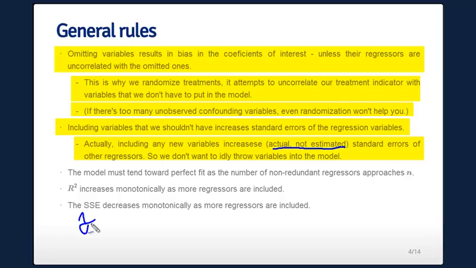And then there's the other part that involves the x's in the standard error. At any rate, what you can show is that the actual standard errors, not the estimated standard errors, have to go up if you add new variables. So you don't want to add unnecessary new variables.